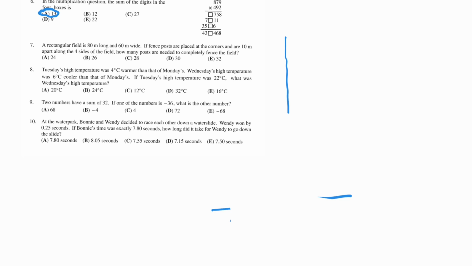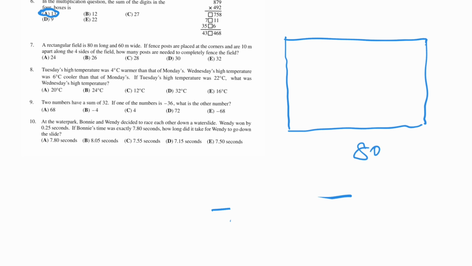Now we have a rectangular field, 80 meters long and 6 meters high. And then we put the posts at the corners. So we have one post here, one post here, one post here, and a post here. Now, every 10 meters, put one post. For 80 meters, we need another 7 posts.